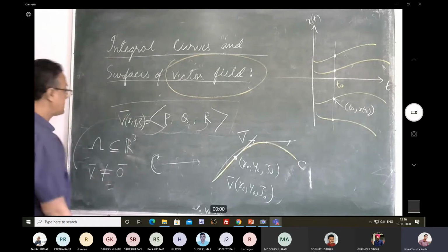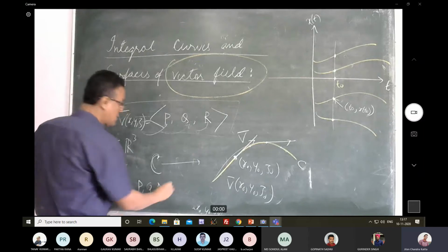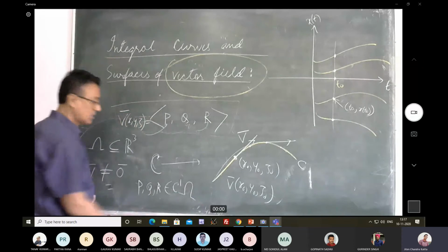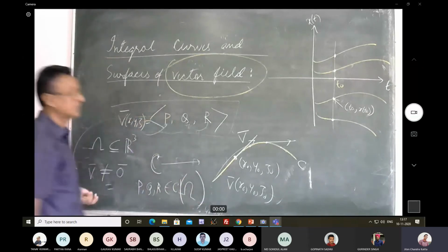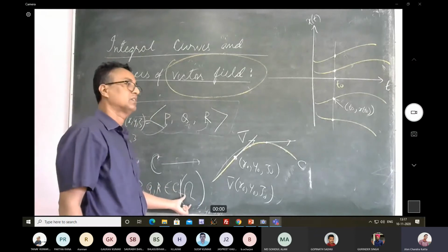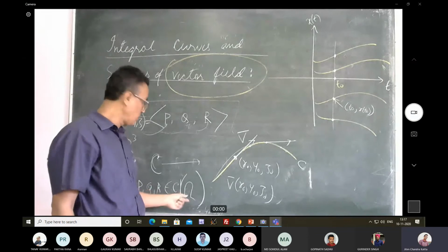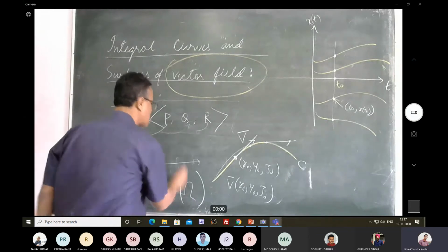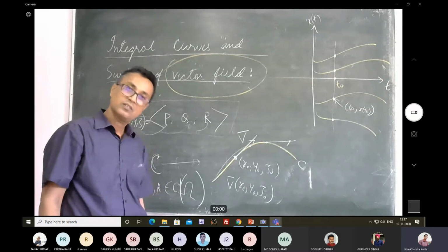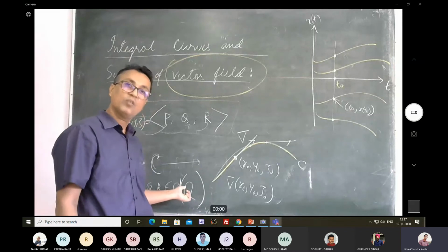And the second condition is that these individual components P, Q, R must be continuously differentiable in omega. Continuously differentiable means the first order derivatives with respect to x, y, z must be continuous in the domain omega.